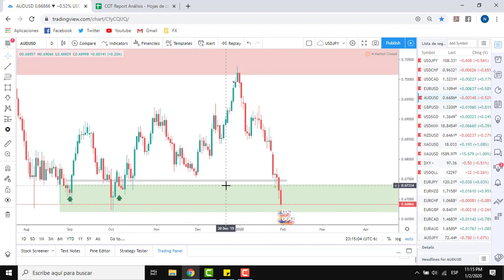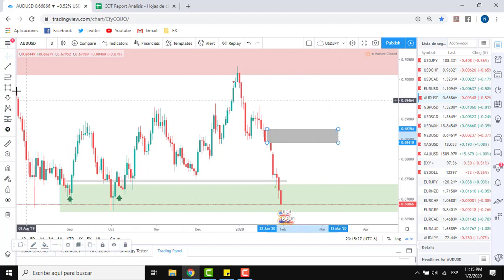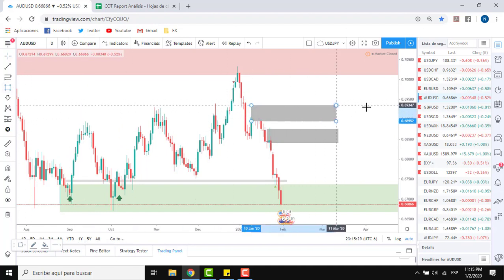If results are negative, this will rally. This will give more strength to the Aussie dollar, and probably the price will rally from this level, at least to this zone here that I haven't marked, from this one or either this one.